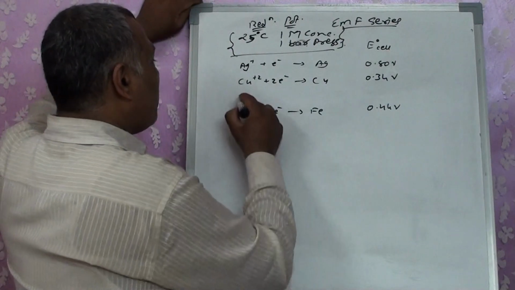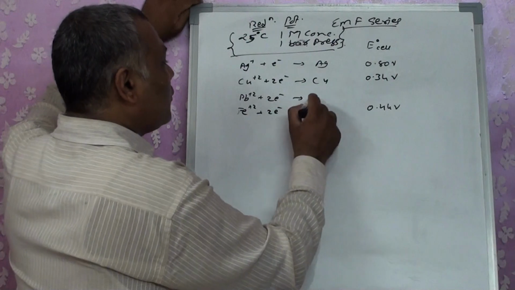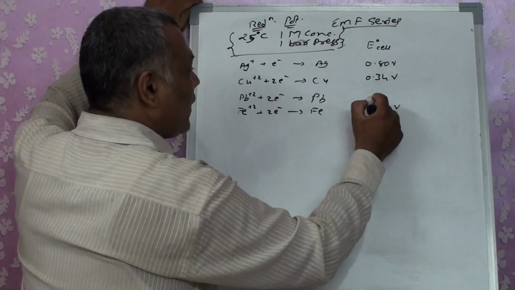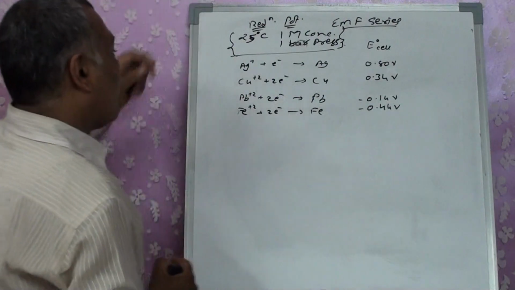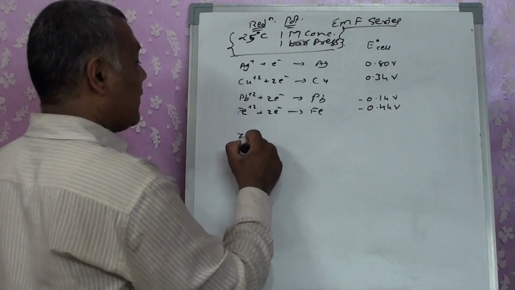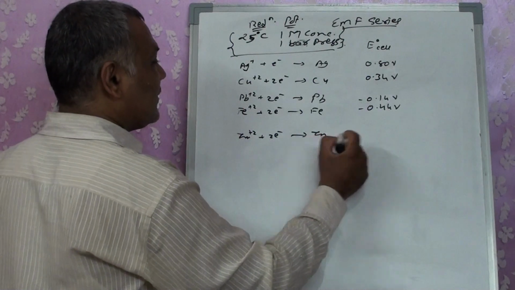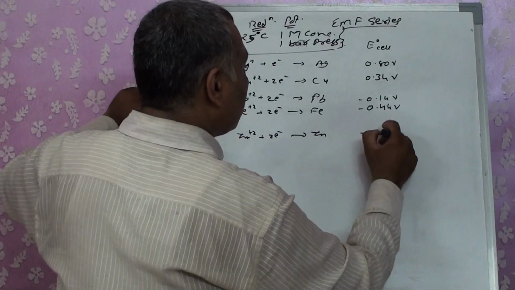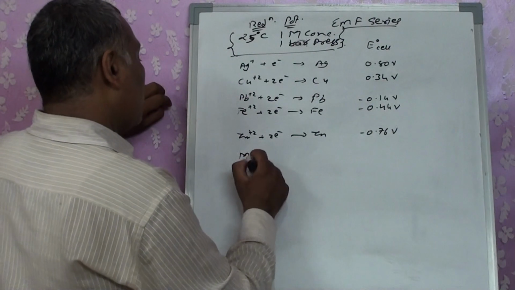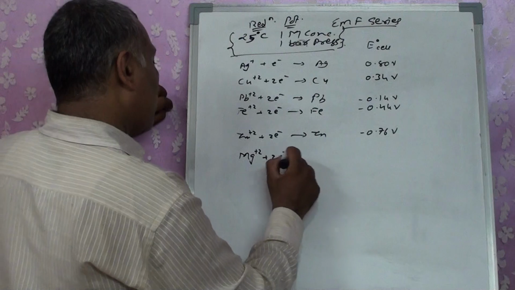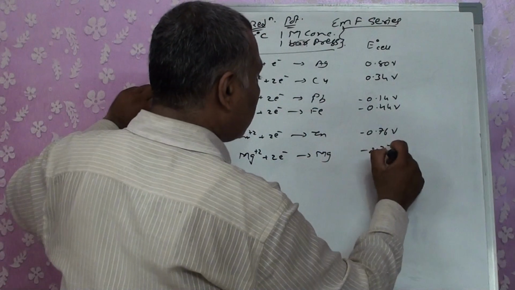For Pb, Pb2+ plus 2e- gets converted into Pb, and I will get minus 0.14 volt. For Zn2+ plus 2e- to Zn, you will get the potential as 0.76 volt. For Mg2+ plus 2e- gets converted into Mg, you will get minus 2.37 volt.